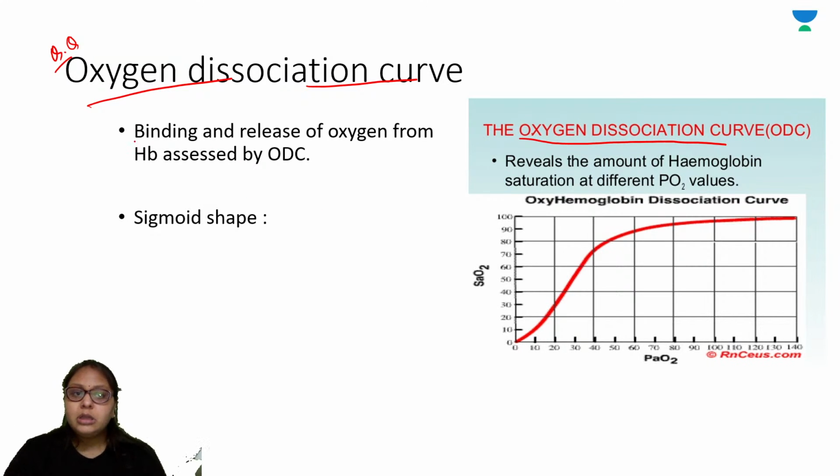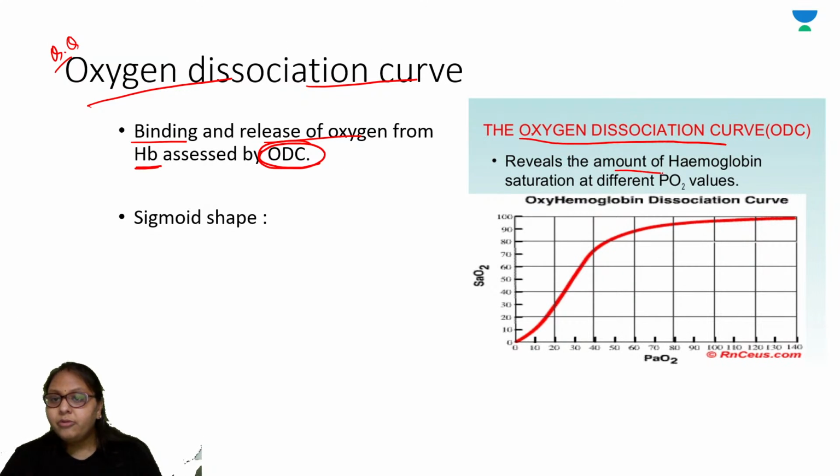So the binding and release of oxygen from hemoglobin is assessed by the oxygen dissociation curve. That is, it reveals how much hemoglobin saturation there is at different partial pressure of oxygen values.